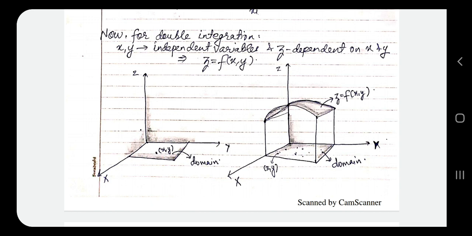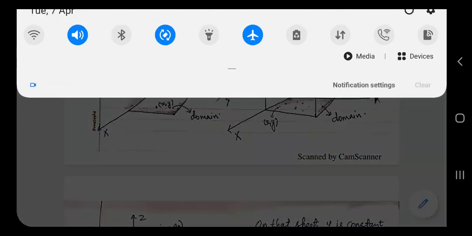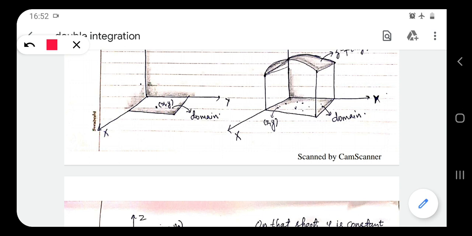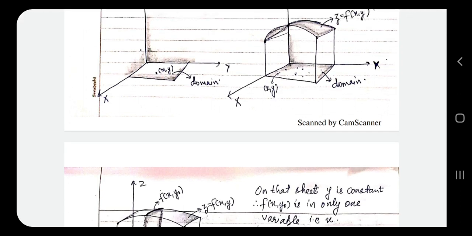For simplicity, I have taken the domain as a rectangular shape, and that surface could take any shape in 3 dimensions. So I have taken a projection of that surface on the xy plane. This diagram tells me that there is some volume in this structure. We have to find that volume. Let's move further.